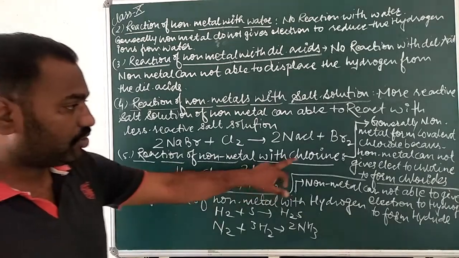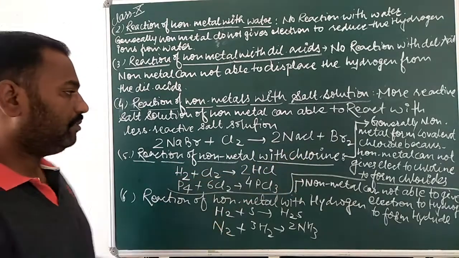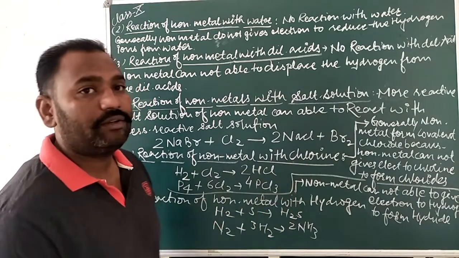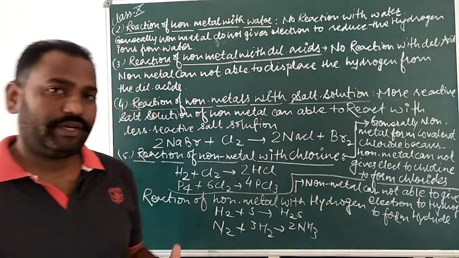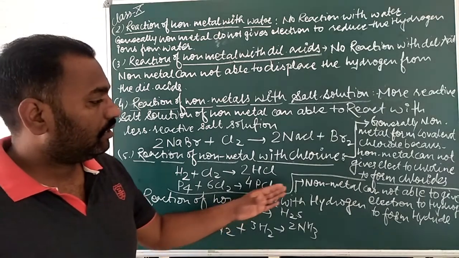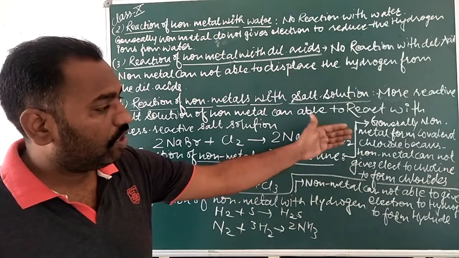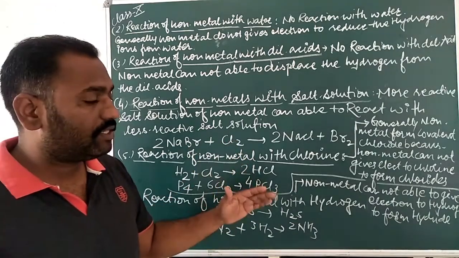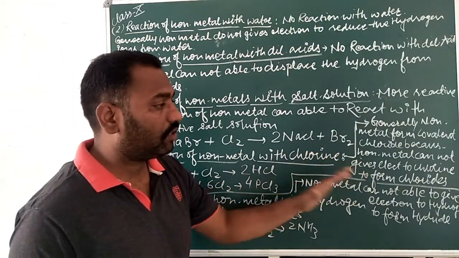So in the reaction of non-metal with chlorine, they form covalent chlorides. Chlorides are generally non-electrolytes. And they also form covalent hydrides, not simple chlorides.